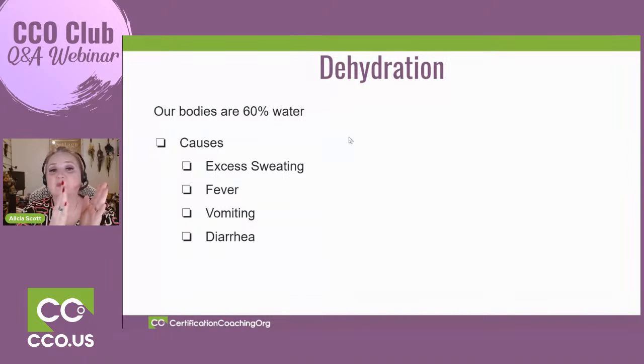But we have to also think about what causes dehydration, not only for the ICD aspect of coding for dehydration. If we don't know what caused the dehydration, then that could be problematic with the documentation for the provider. The main causes are going to be sweating, and not just sweating because you worked out, excessive sweating. Fever can cause dehydration, especially in babies and children.